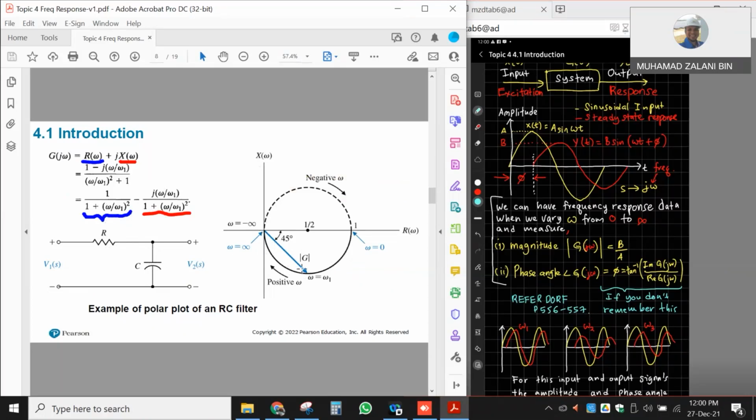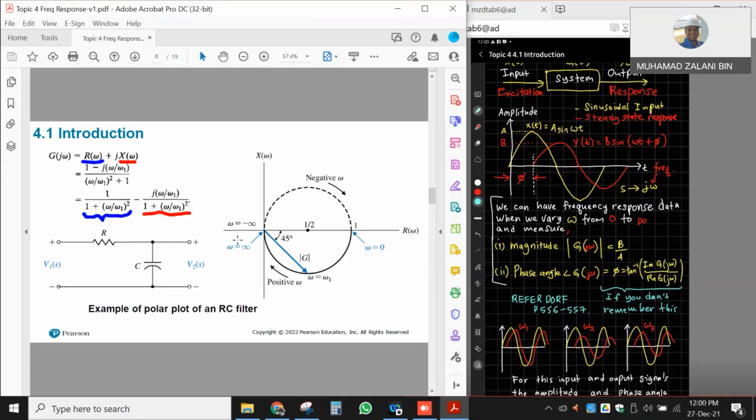G is changing: the magnitude is changing, as well as the phase angle, based on this locus. All right, that is what has been described by the textbook, with some of the examples given in terms of polar plot.